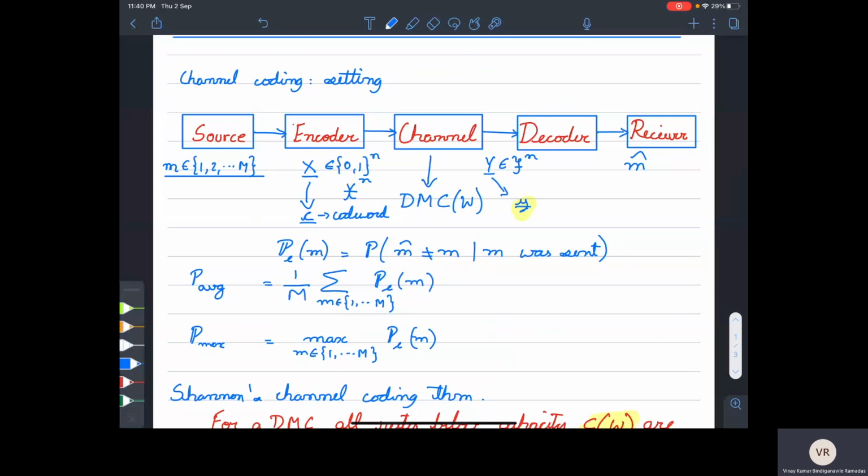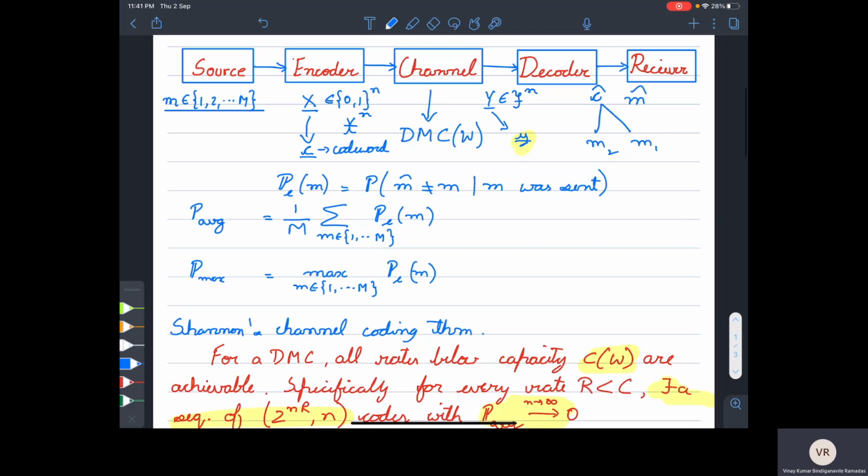Now if you map multiple messages to the same c or x vector here, then when you decode and obtain a particular c hat, this could result in multiple messages m1 and m2. So you won't know which of these messages was actually sent. Hence the encoder mapping needs to be a 1-1 function.